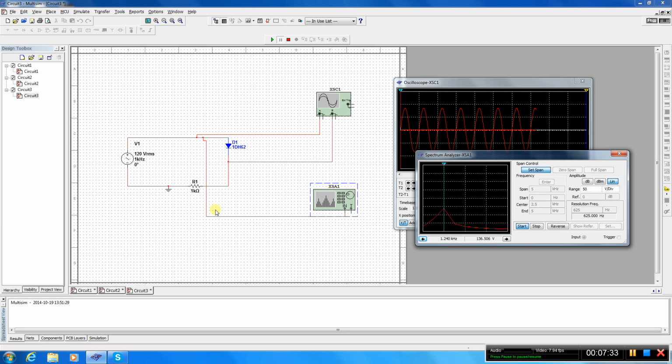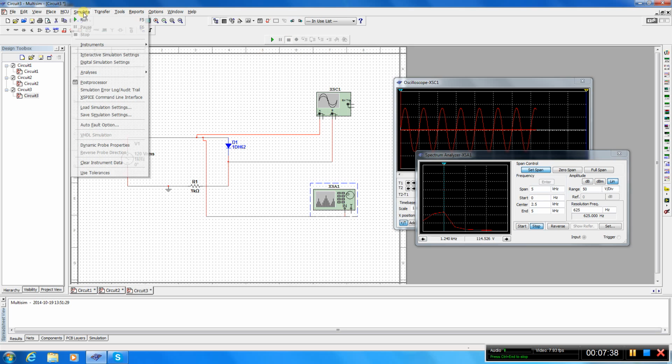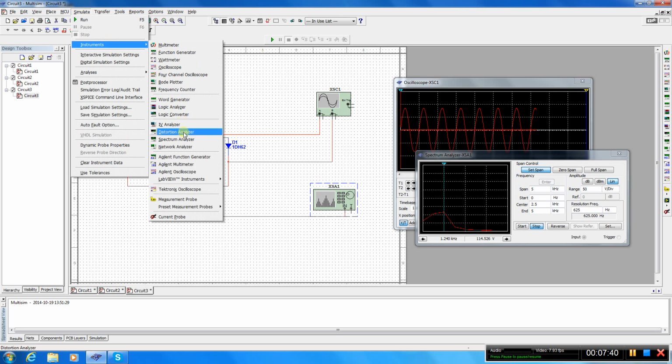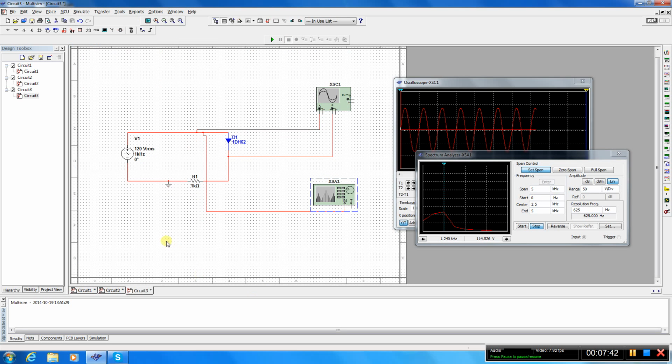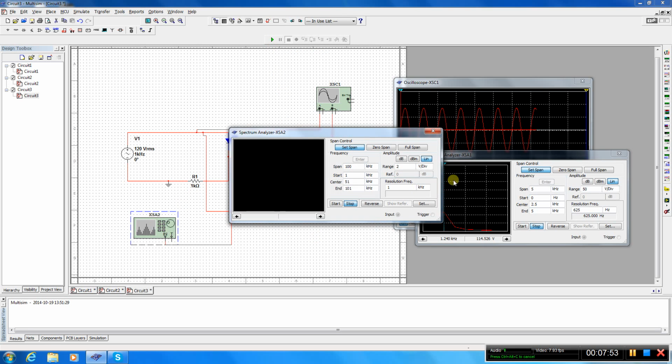And now let's use one more spectrum analyzer and see what the signal is here. Let's set it. Okay, so we start at 0 and end at 5.